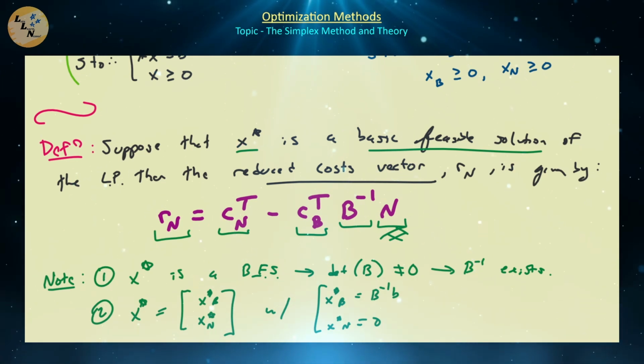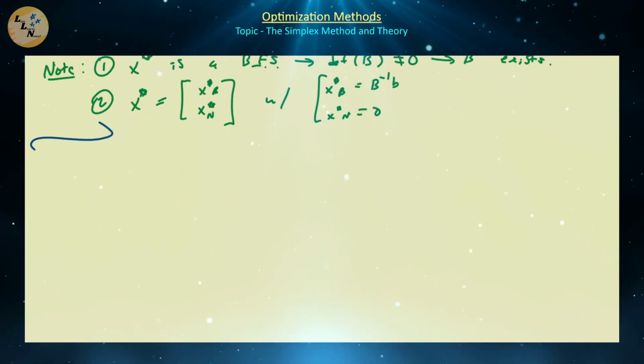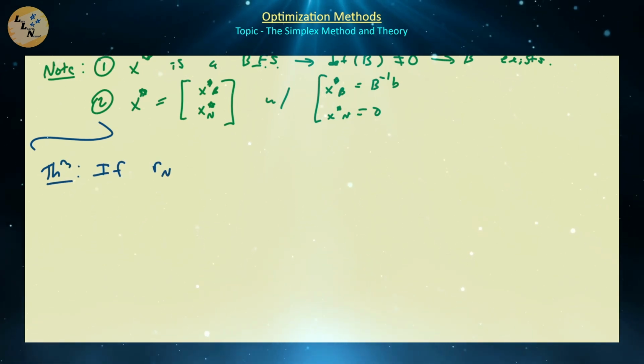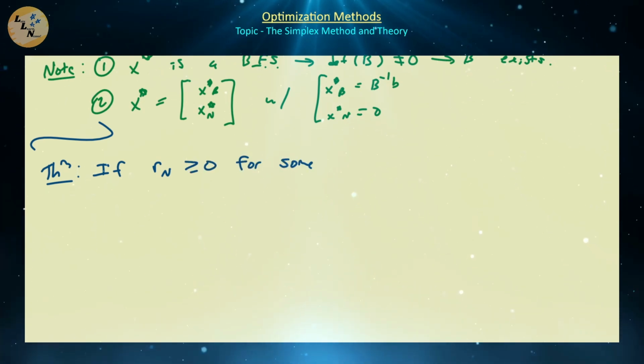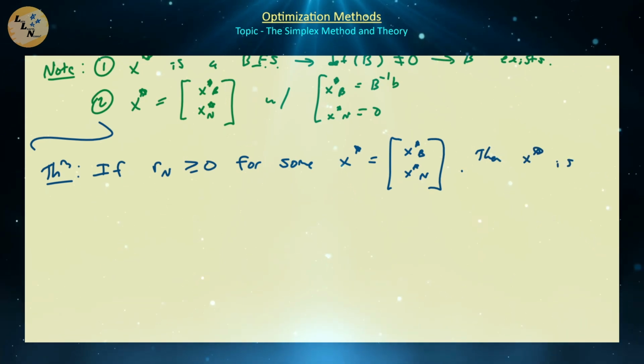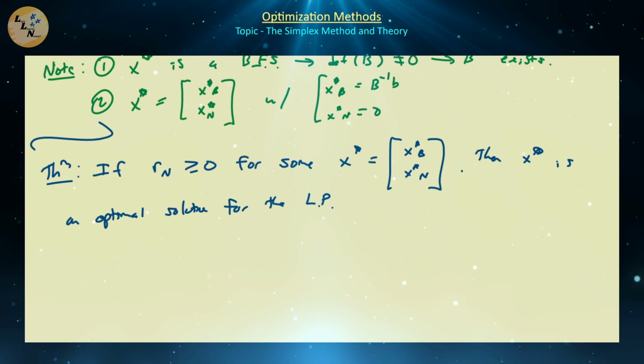Now, what is so special about the reduced cost vector, and how does this relate to the optimal solution for a linear program? So let's introduce the next very important theorem. Let's assume that R_N, the reduced cost vector, is greater than or equal to 0 for some basic feasible solution x star, with partition variables x star B and x star N. Then x star is an optimal solution for the linear program.